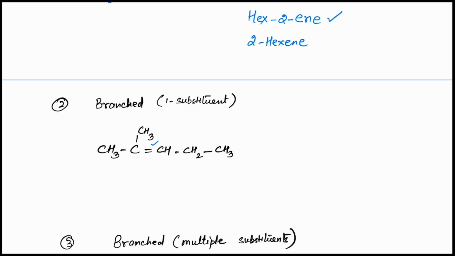You can see that we can take either this as the parent chain, or we can go this way. Both of them have the same length and the same number of substituents, so we can pick either one. I will stick with the straight chain. We can see that there is a methyl group present as a substituent here.